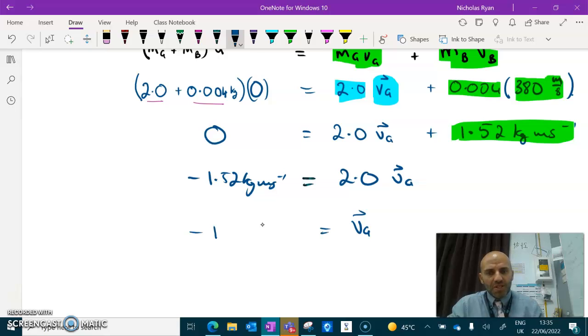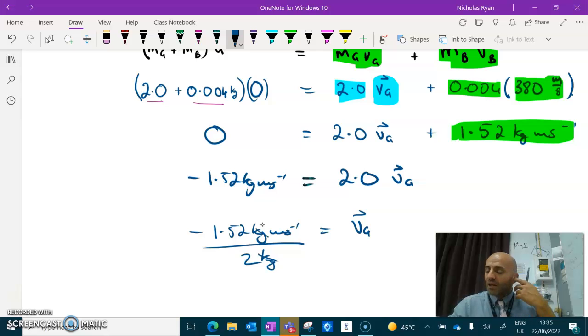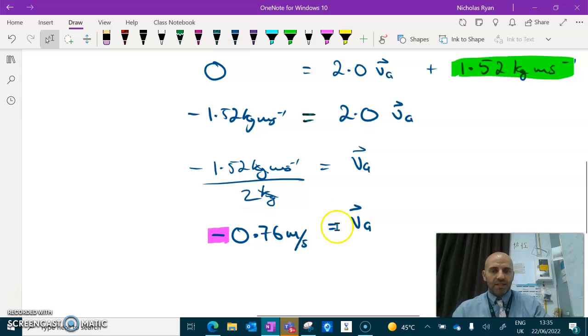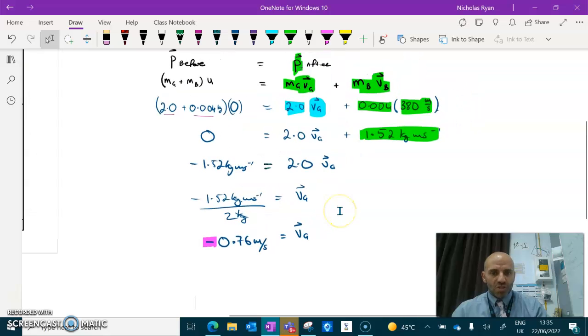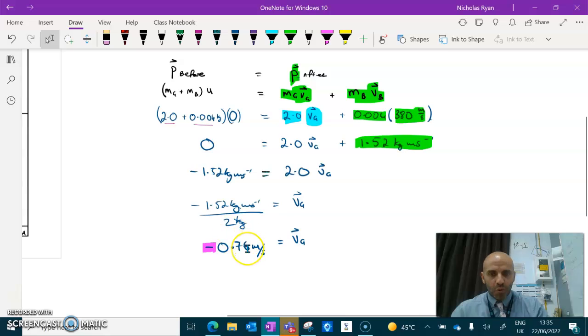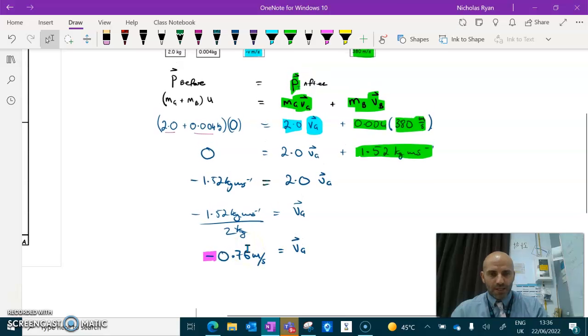So I divide both sides by 2, and that's 1.52 divided by 2 kilograms. The kilograms cancel, and I wind up with 0.76 meters per second. Now notice the negative sign comes with that, okay? And that is because the gun is moving backwards at a speed of 0.76 meters per second.